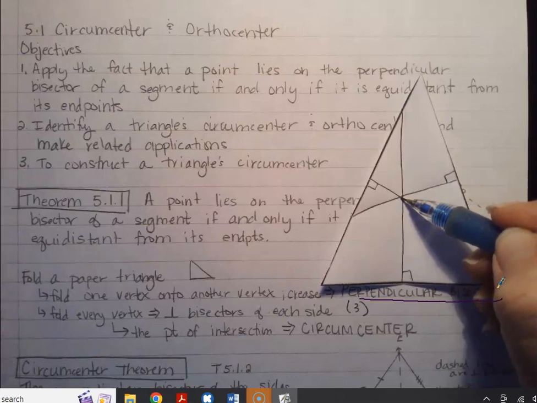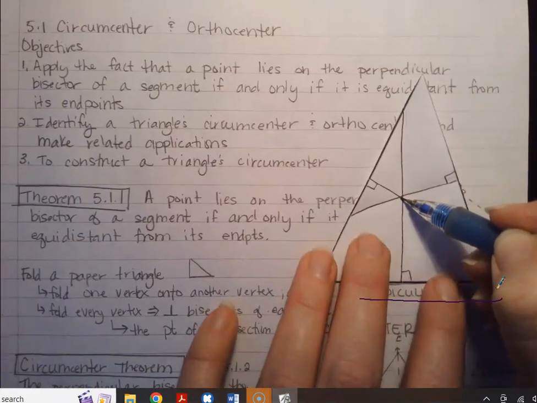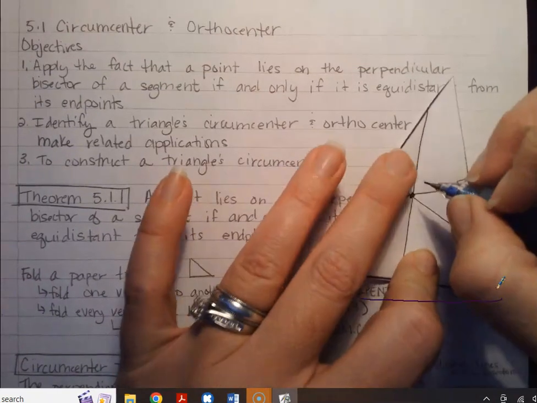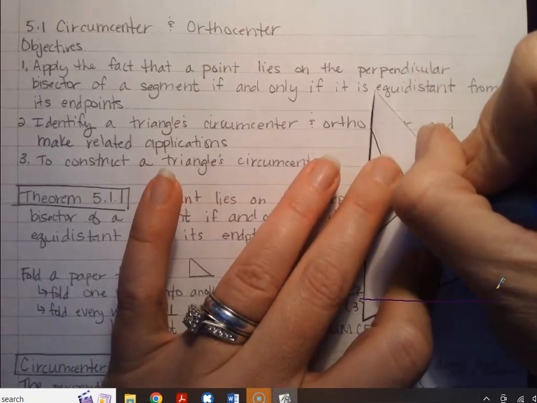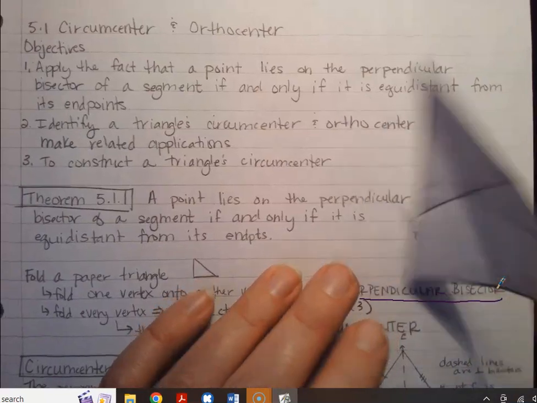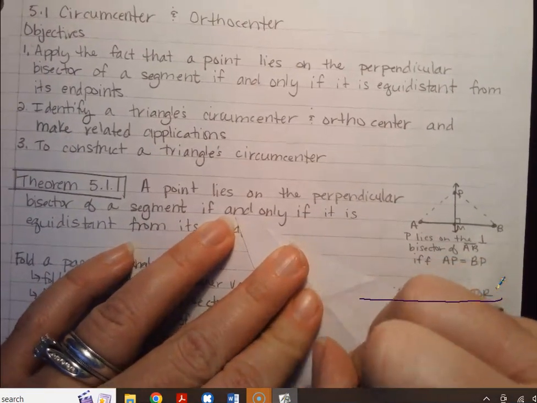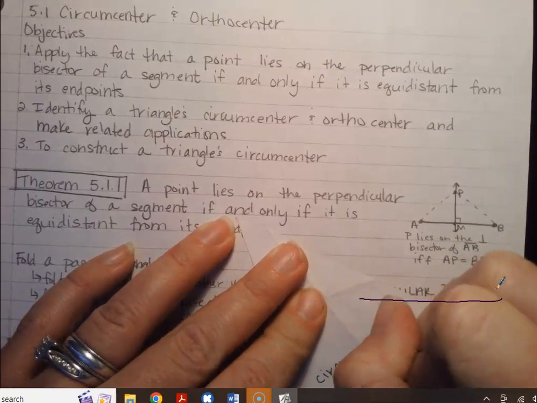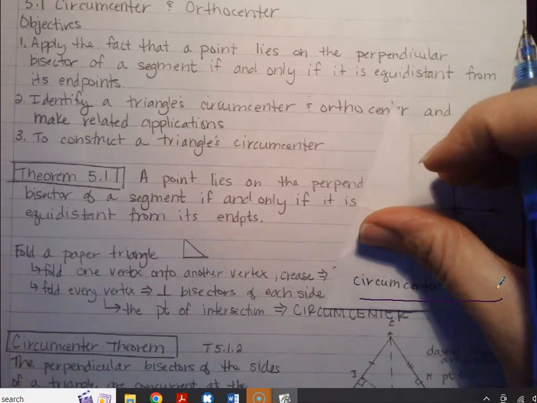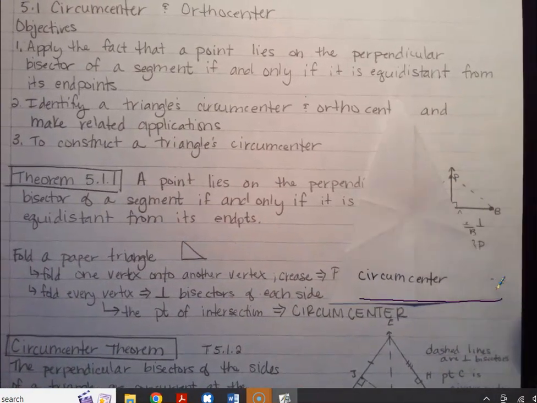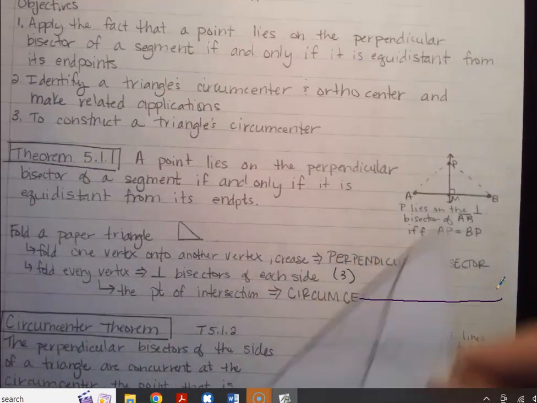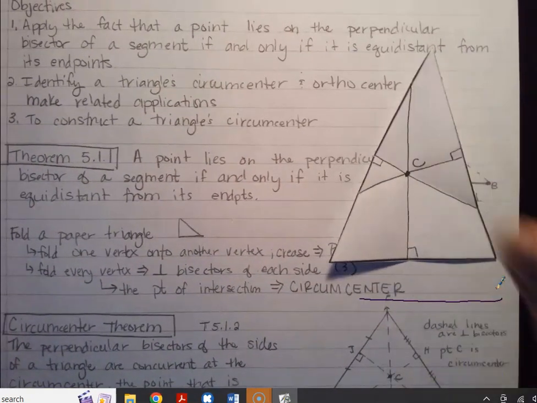You should have a point of intersection. This is called the circumcenter. So label that circumcenter, or you can label it C. And maybe on the back you want to write circumcenter, because we're going to tape these into your notes. Circum comes from circumference, like a circle. C-I-R-C-U-M, circumcenter.